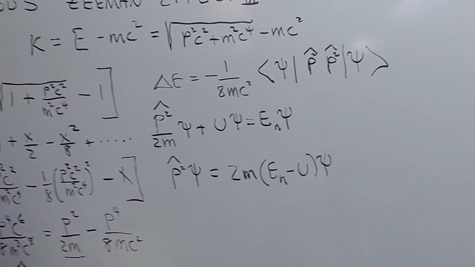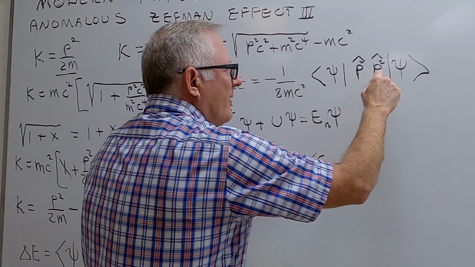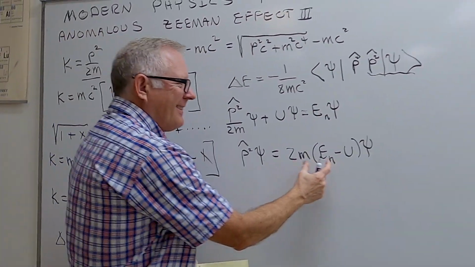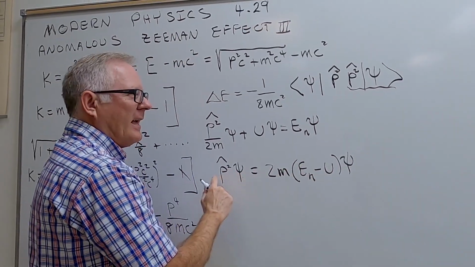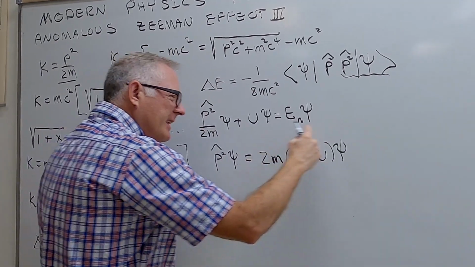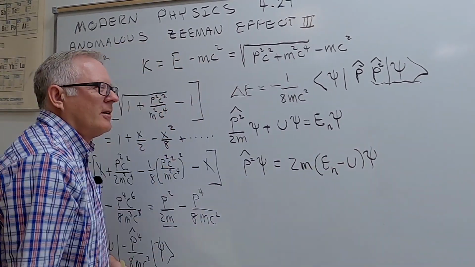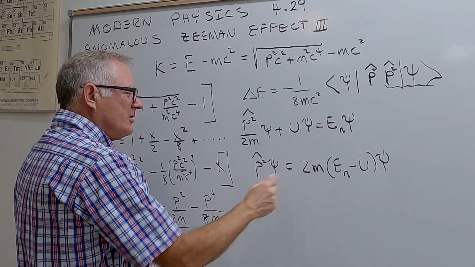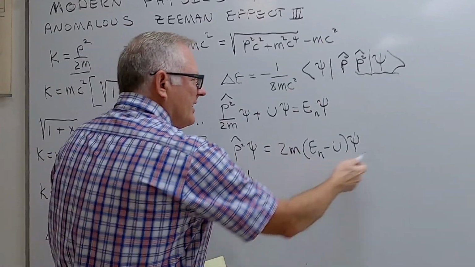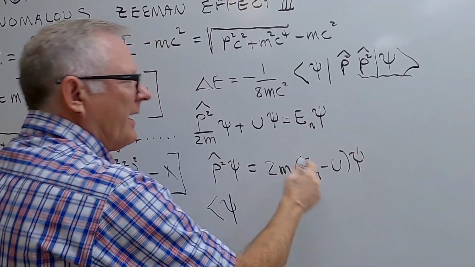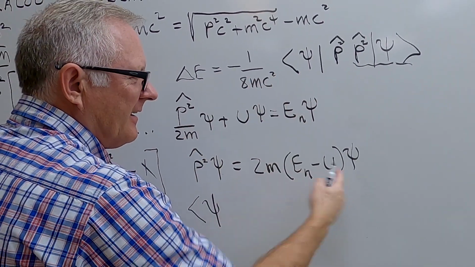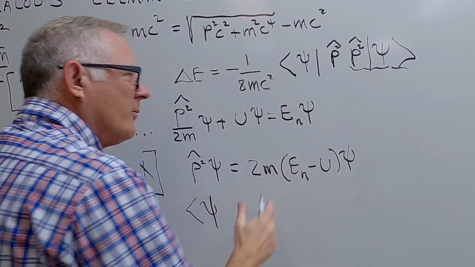Okay, so now if I did this right there, that would give me this times psi, because that's what we have right there. And then when I act on it again, it would just be this squared times psi. So this thing is just going to give me psi, and then this part squared, because every time I act on it, it gives me this, and then when I act on p squared again, it doesn't do anything to this, and it just gives me another one of these.